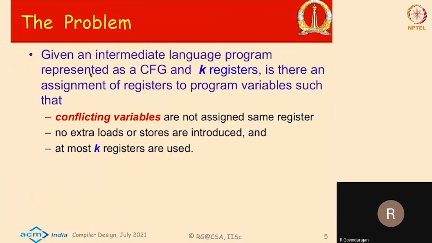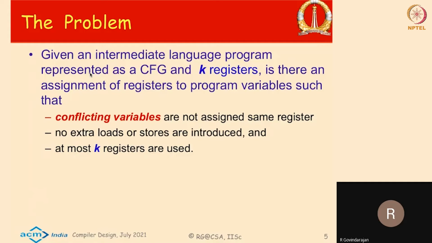Then the register allocation problem is essentially identifying which program variables must be allocated to registers, and which program variables can share the same register, such that conflicting variables are not assigned the same register. If two variables are non-conflicting, then they can possibly share the same register.